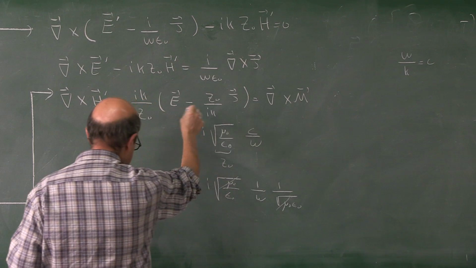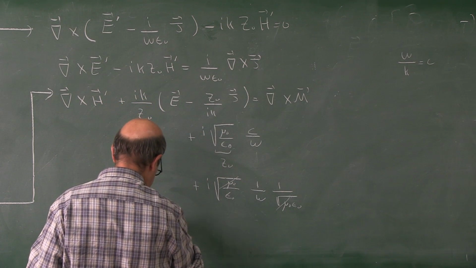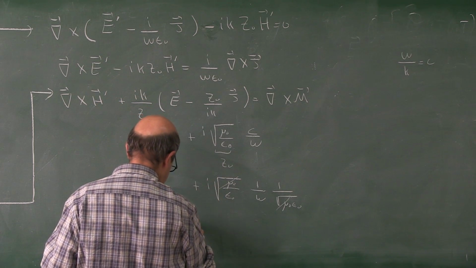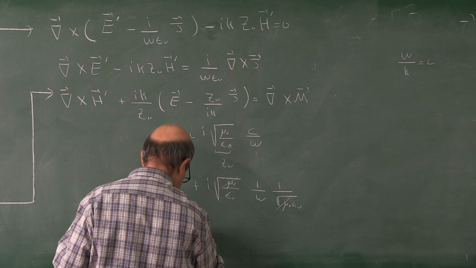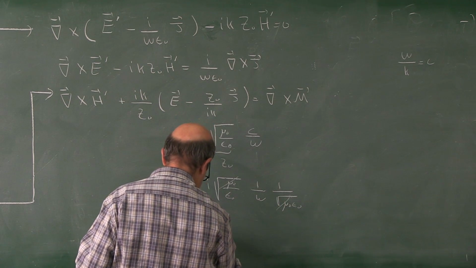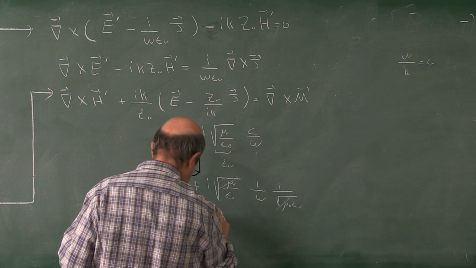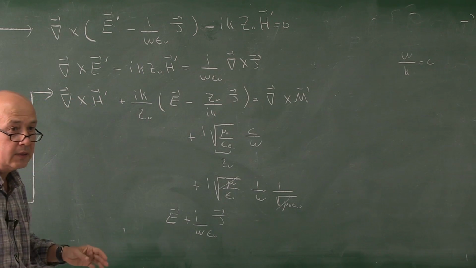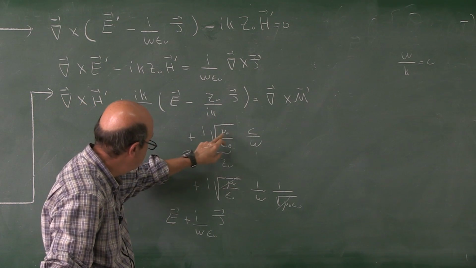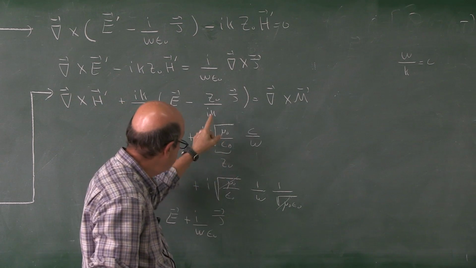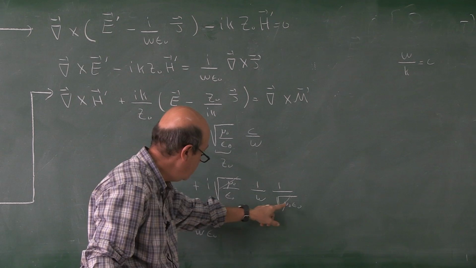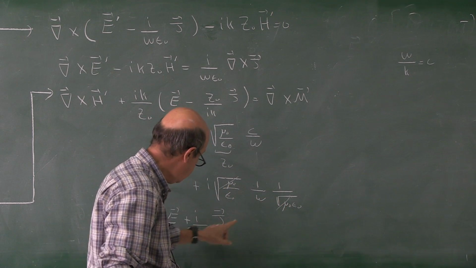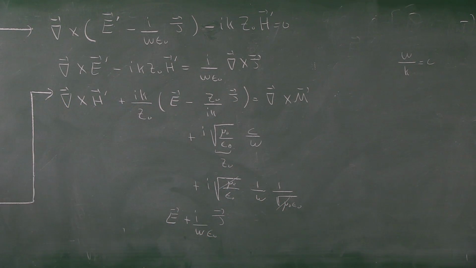Altogether, if you take the E plus i over omega epsilon 0 multiplied by the current density. Okay, so go step by step. Z0 is square root of mu 0 over epsilon 0. 1 over k is c over omega. c is 1 over square root of mu 0 epsilon 0. Mu 0 is cancelled and you obtain this. And this term is nothing but the displaced electric field.